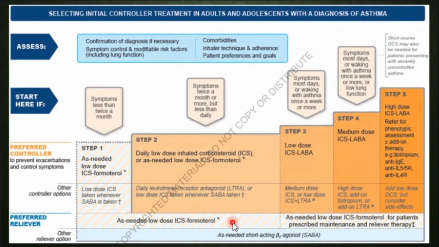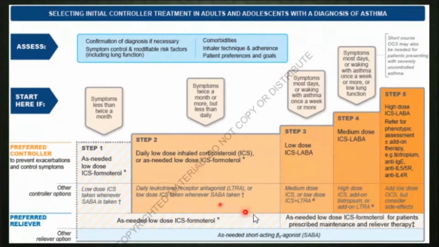Okay. So step 1, you can give SOS ICS-LABA. They do not take it every day. They can only take it when they have their symptoms. So step 2 is you can advise them to take low dose of this ICS-LABA combination as a controller. That means this is something which they need to take every day. And then as a reliever, they can continue using the same medication, but on an SOS basis.